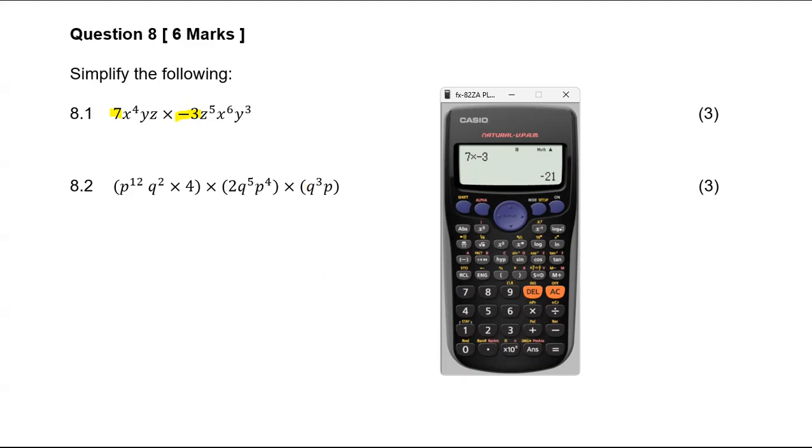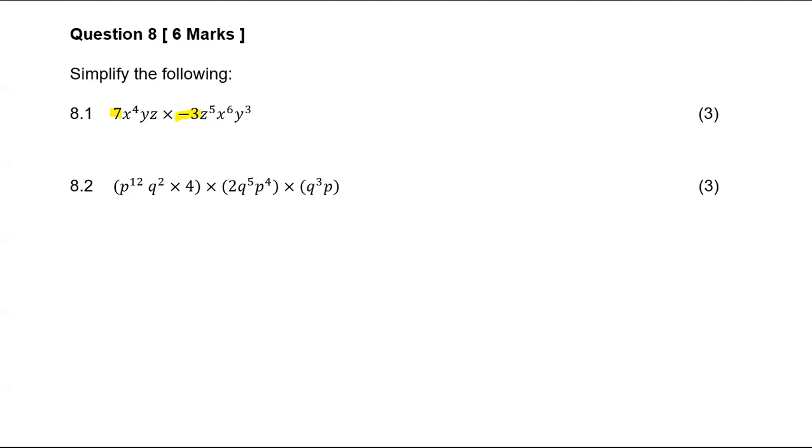Then I'm going to multiply the x's. X to the exponent of 4 times x to the exponent of 6. I'll write it as a single base, which is x, and just add the exponents. 4 plus 6 will give me 10.